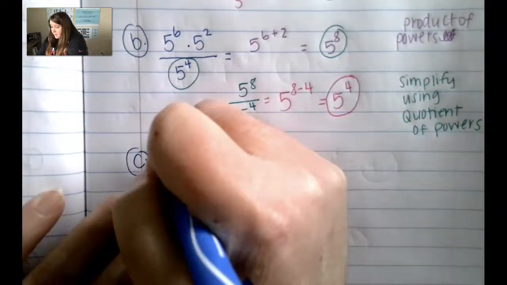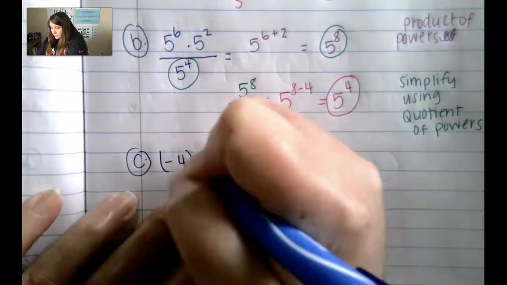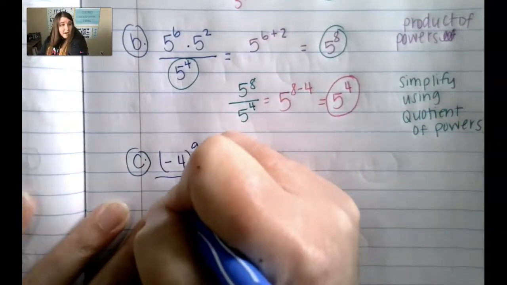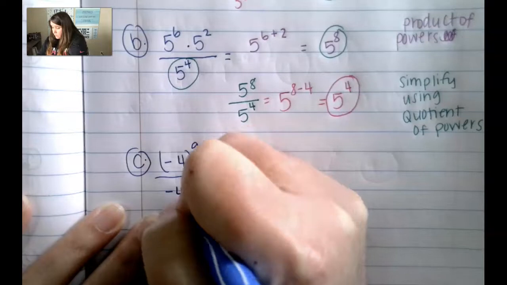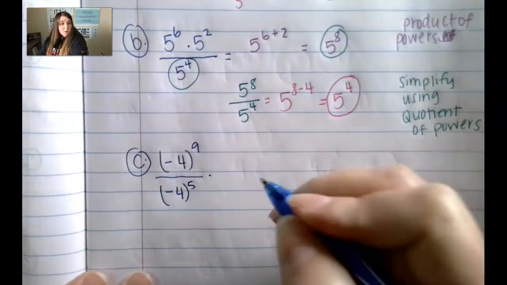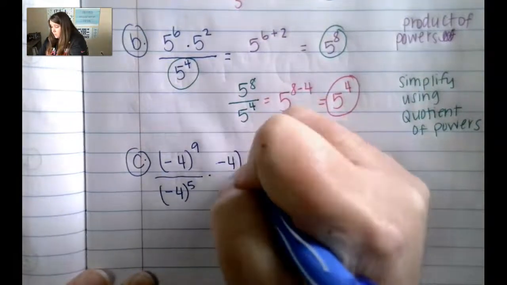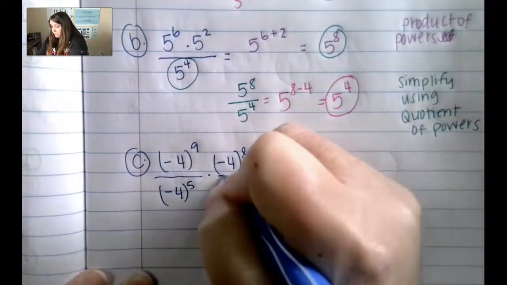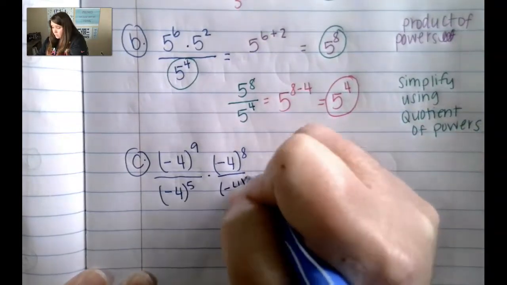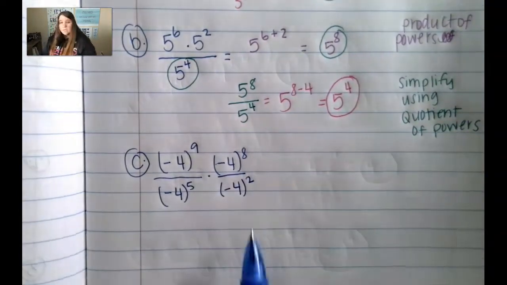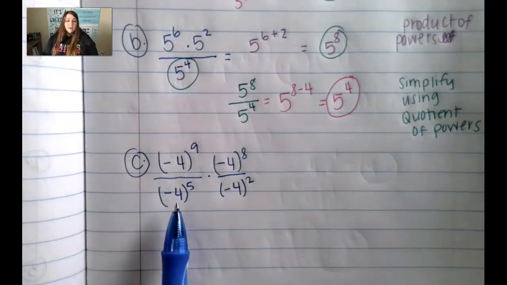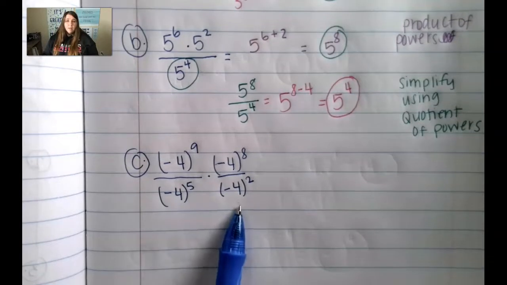Okay, so we have negative 4 to the 9th over, or divided by, negative 4 to the 5th power times negative 4 to the 8th over negative 4 squared. Okay, so in this example, it's different because we have two values on the bottom.